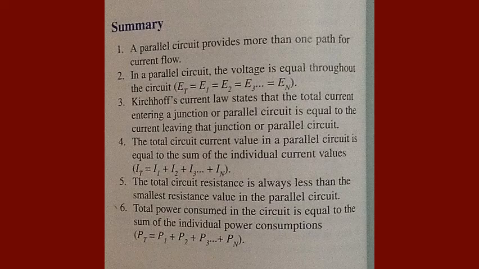The total circuit current value in a parallel circuit is equal to the sum of the individual current values, same as current total equals current 1 plus current 2 plus current 3, and so on.